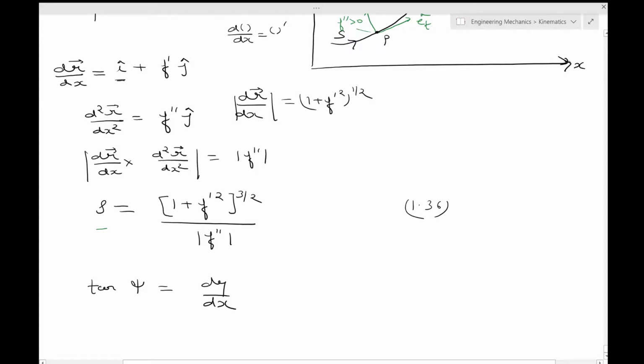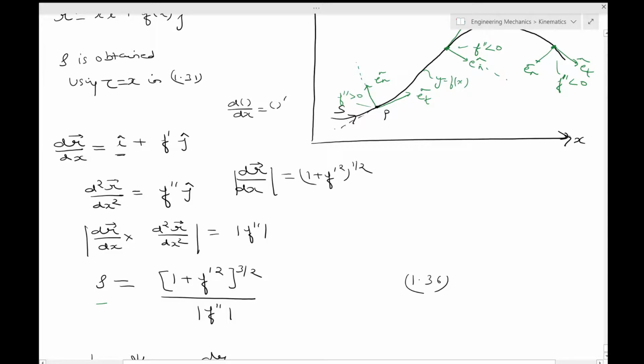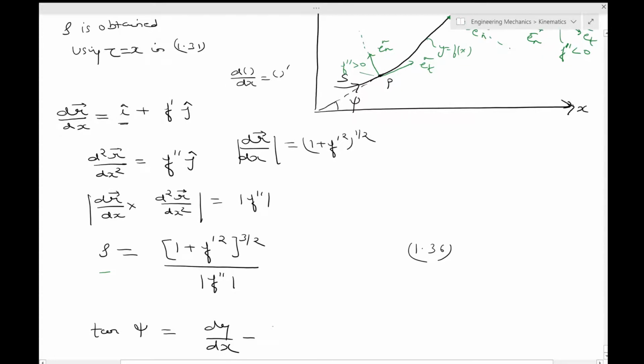So if this is your angle psi, the slope dy by dx is equal to this, and this, as you already know, is written as f dash. Et again is written as cos psi i hat plus sin psi j hat.